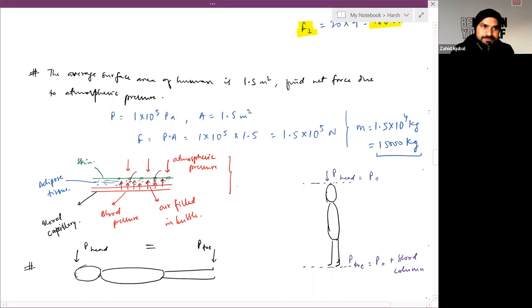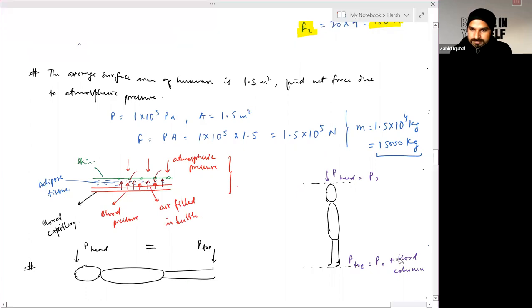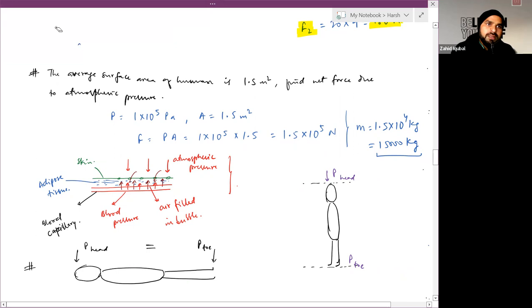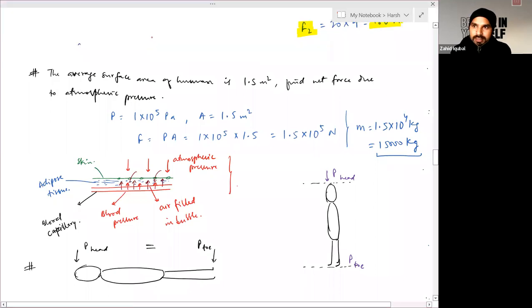Let me define it. The pressure on head and toe will be due to the blood flow into that particular point. Let's say this is the position of the heart, which is pumping blood throughout our body.